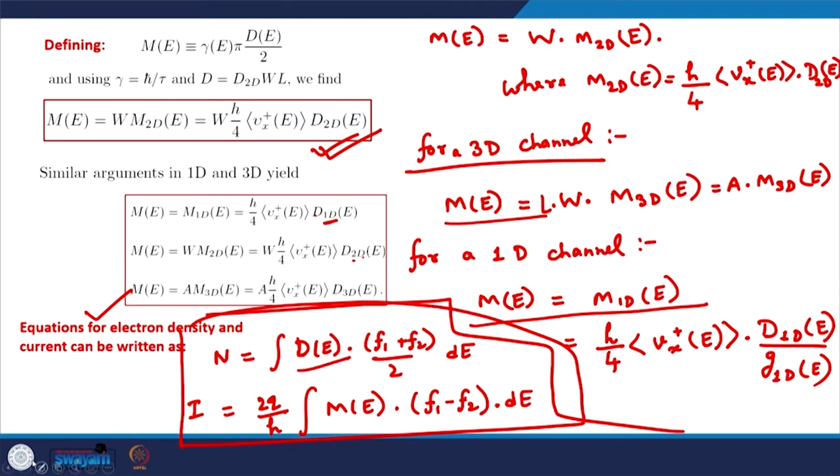D(E) comes from the density of states, and M(E) comes from the modes in the channel. So this is essentially the idea of the modes in a channel.